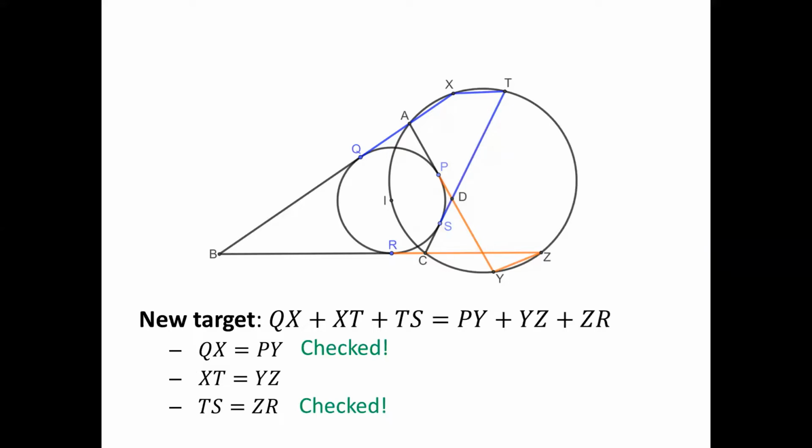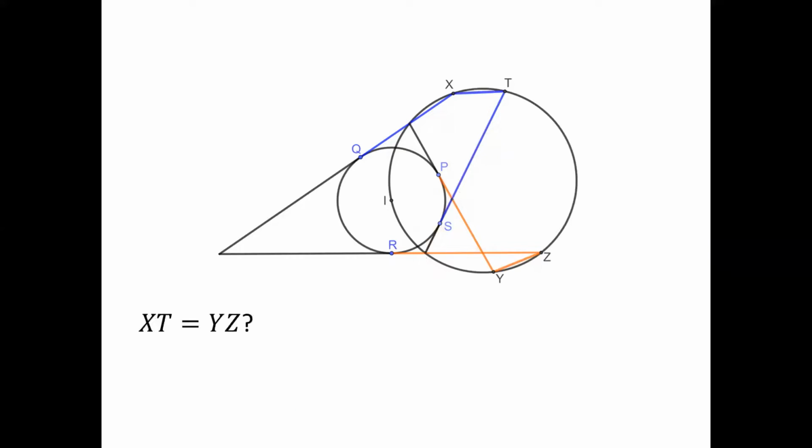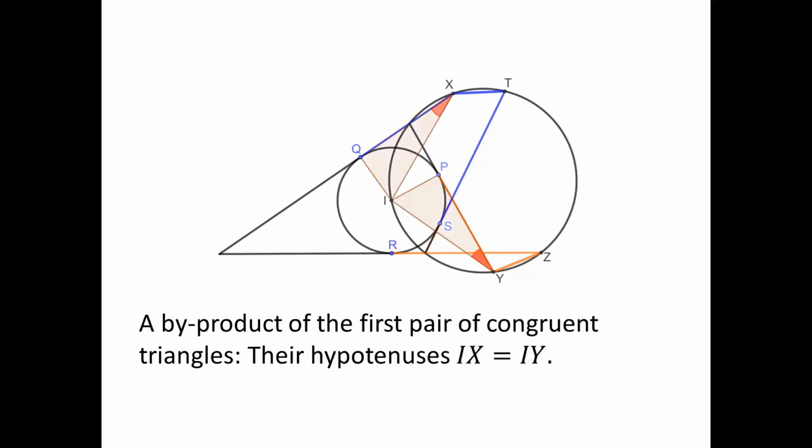Now, the only thing that remains is XT equals YZ. We already established two pairs of congruent triangles. Let's look at the first pair. We have a byproduct out of the congruence. Their hypotenuses, IX equals IY.